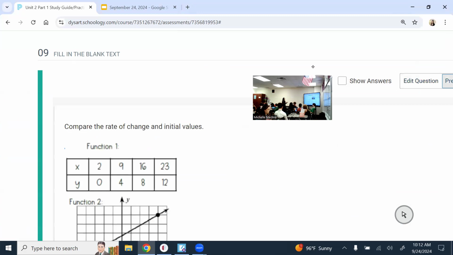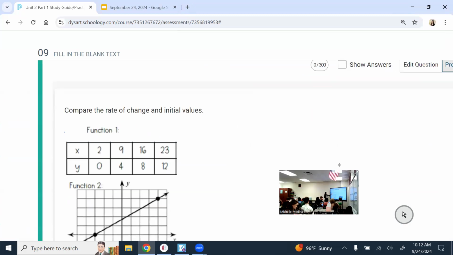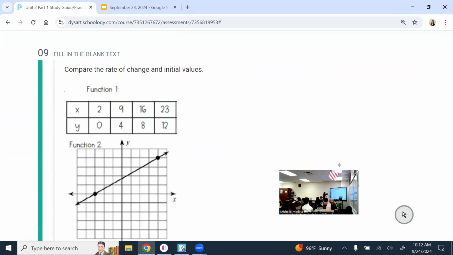Okay, so it says compare the rate of change and initial values. I can see why we might struggle with this one because we didn't necessarily use that verbiage, but what it's asking you to compare, we did compare in the unit. So when I say rate of change, what am I talking about?